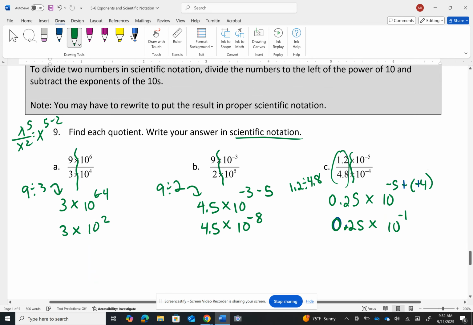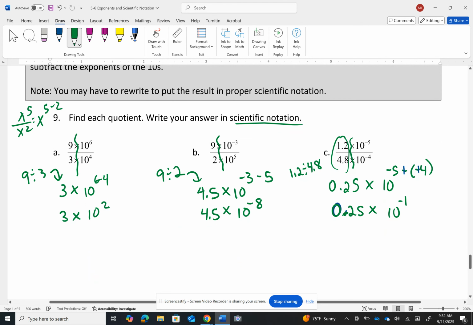All right, now you need to watch it because that number is not between 1 and 10. So you're going to have to make that 2.5. So be careful on this one. We haven't had this happen before. So 2.5, the decimal, to have that equal 0.25, I would have to move the decimal one place to the left, wouldn't I? To make those equal.